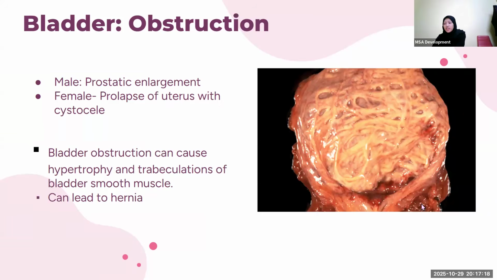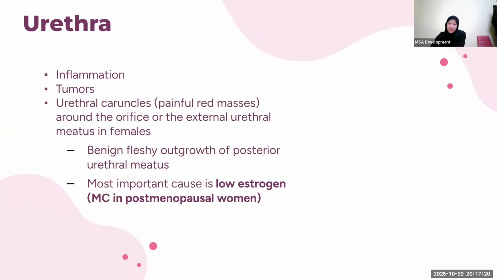Okay, now moving on to the urethra. This is not as important, but with the urethra there can be a lot of problems like inflammation, tumors, red masses. I guess the only thing from here is that it's most likely benign if there is urethral irritation. The most common cause of these painful red masses is the woman or individual having low estrogen, most common in postmenopausal women.